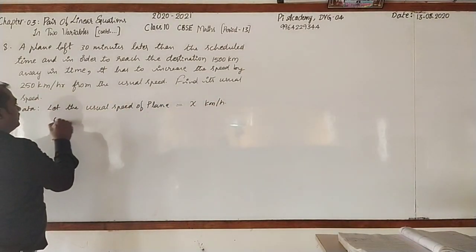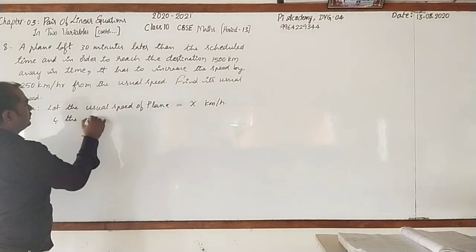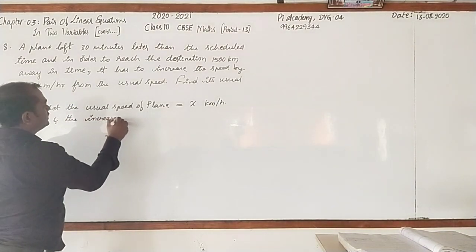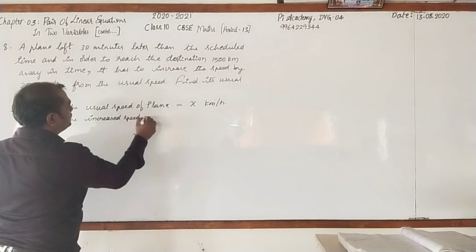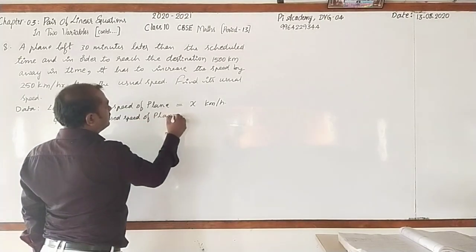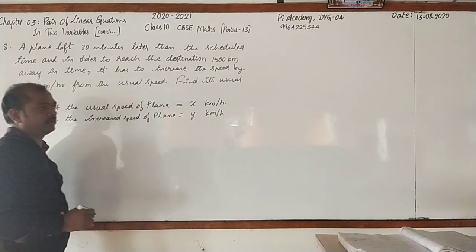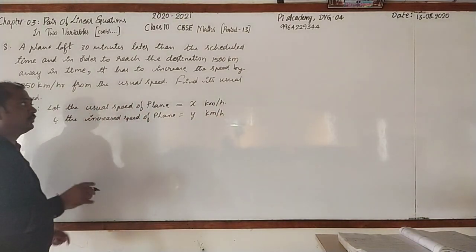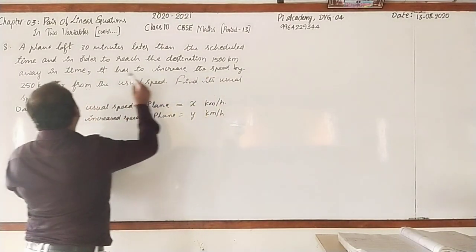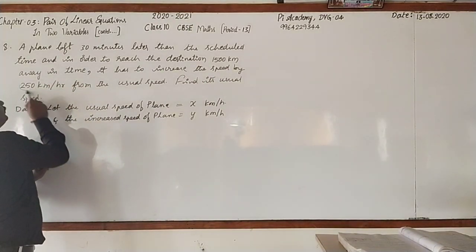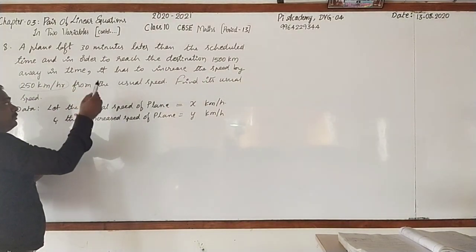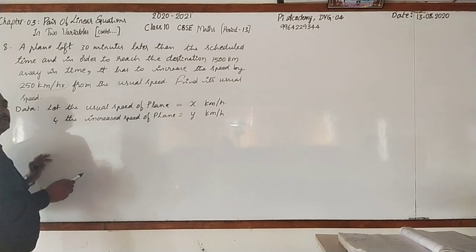Similarly, the increased speed of the plane is y kilometer per hour. And we know that this increased speed is 250 kilometer per hour more.